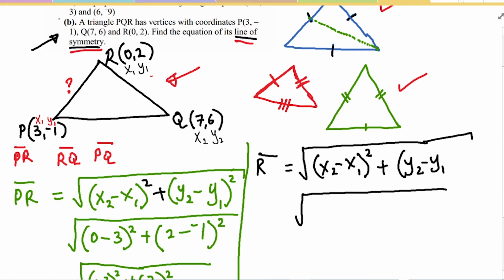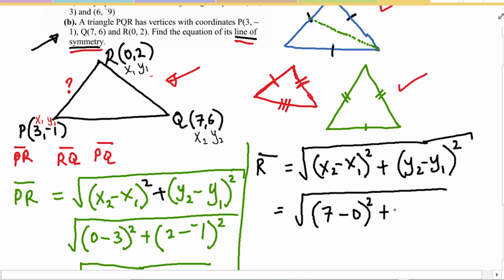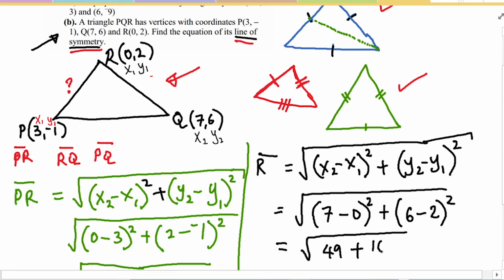Our value of x2 is going to be 7 minus our value of x1, which is 0, squared, plus our value of y2, which is 6, minus our value of y1, which is 2, also squared. That is going to become the square root of 7 squared, that is 49, plus 6 minus 2, which is 4, and 4 squared is 16.